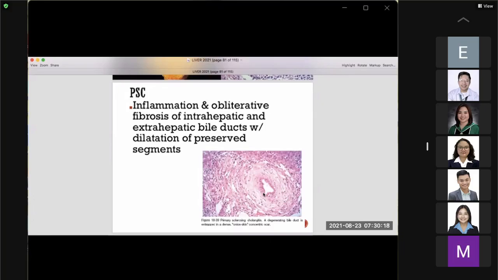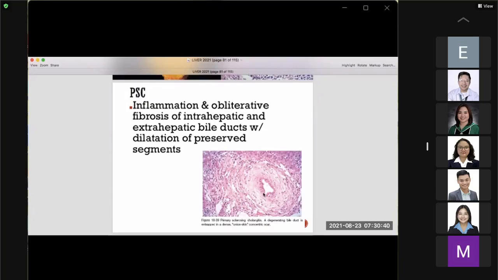If you go to another condition in the GIT, I forgot the term for that. There is defect in the neural elements in the intestine. Hirschsprung's disease.